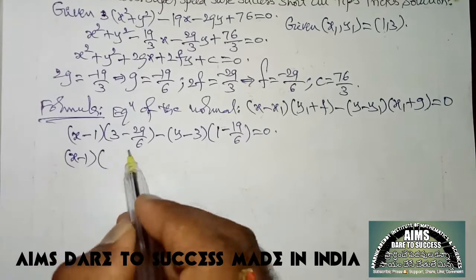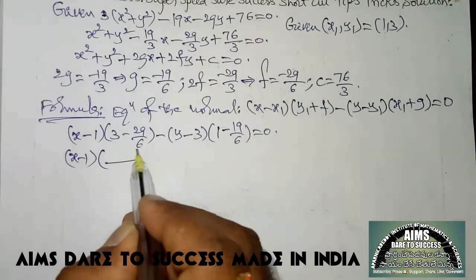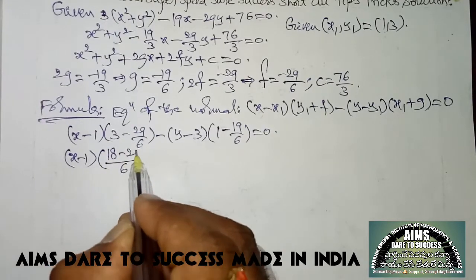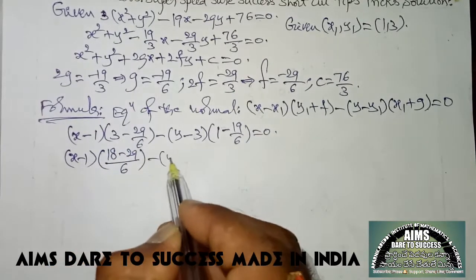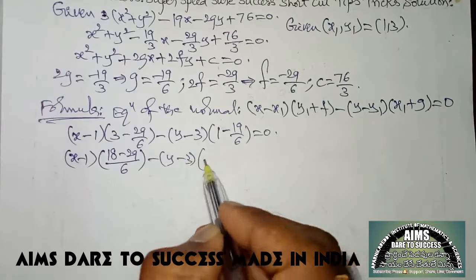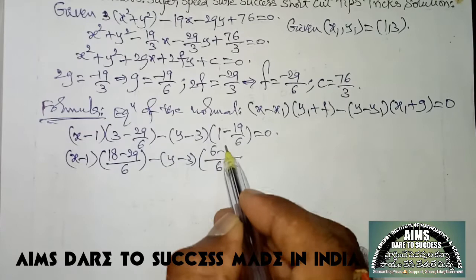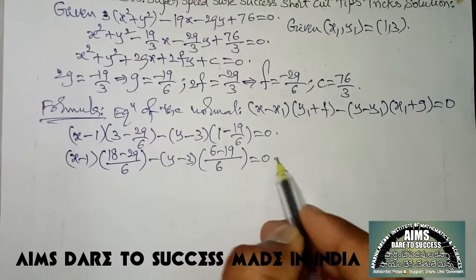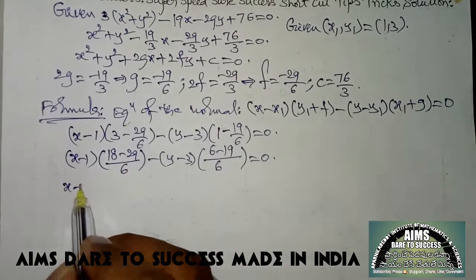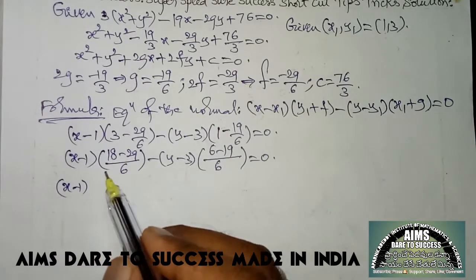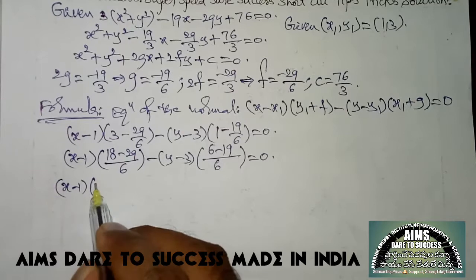X minus 1 into 3, here 6 is LCM, cross multiply, 6 3s are 18 minus 29 by 6, minus y minus 3 into, here in the second bracket 6 is LCM, cross multiply, 6 1s are 6 minus 19 by 6 is equal to 0. Normal simplification, we get x minus 1 into, small number minus big number is minus symbol.